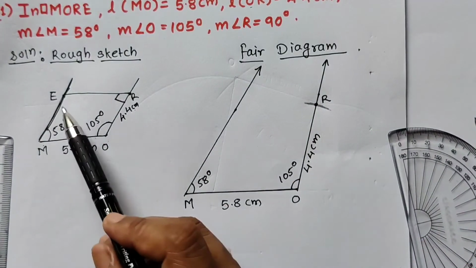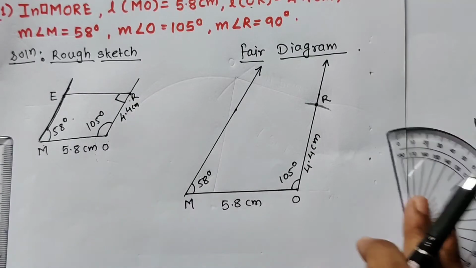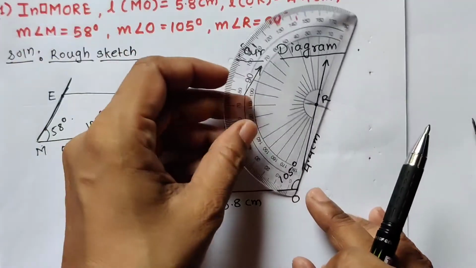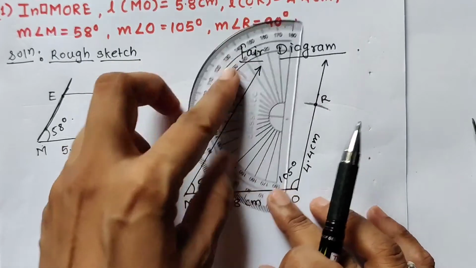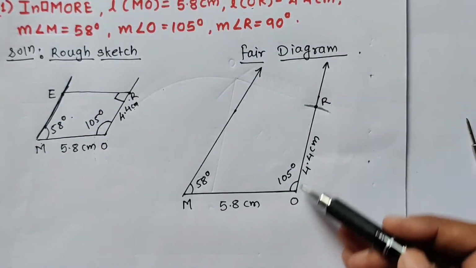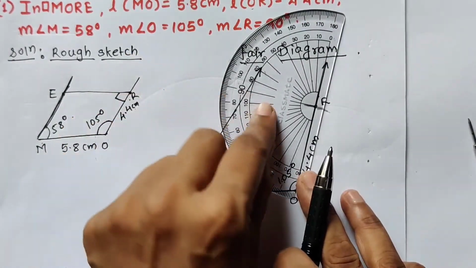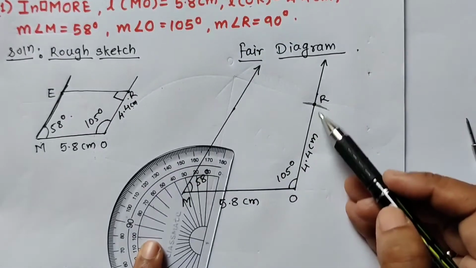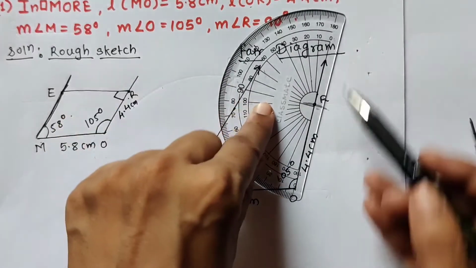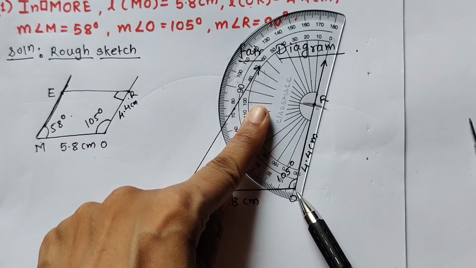Now, we have to fix the position of point E. R is 90 degree. So from R we are going to draw a ray of 90 degree. Place this protractor on point R properly. See that this line, base line of protractor and this RO should coincide with each other. They should be on each other. Okay. Now see, my RO is in downward direction. So I start counting from downward 0. I am not going to start from the upward 0. It is wrong. I will have to count from the downward 0.